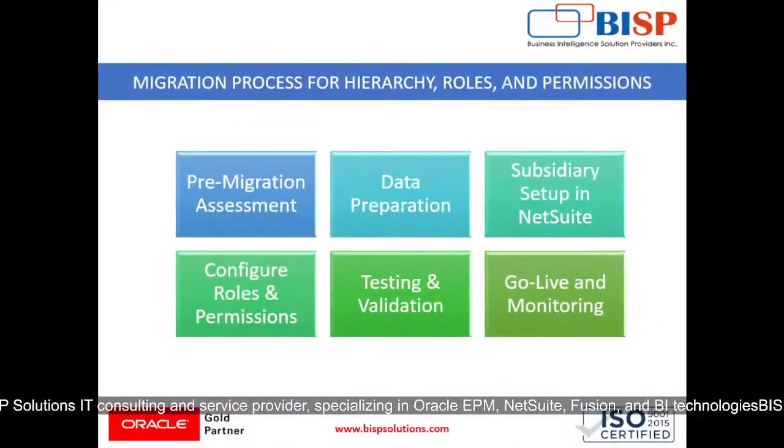Then we have discussed the migration process of hierarchy, roles and permissions. So there will be a pre-migration assessment where we will be reviewing organization structure, user roles and access levels in QuickBooks. Then data preparation. So there we will be preparing the subsidiary hierarchy structure in a spreadsheet for easy import into NetSuite. Then comes subsidiary setup in NetSuite.